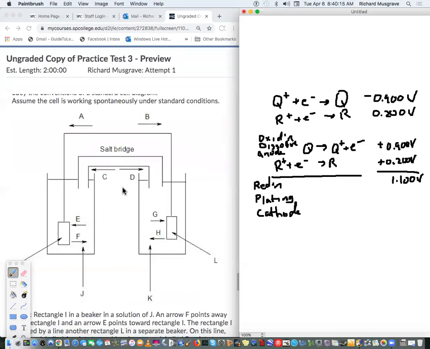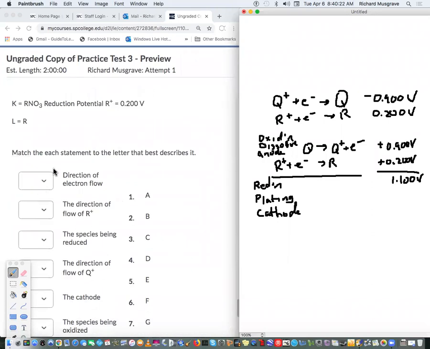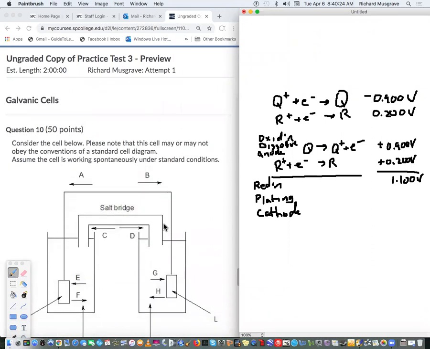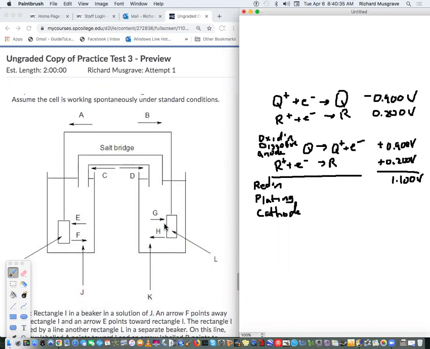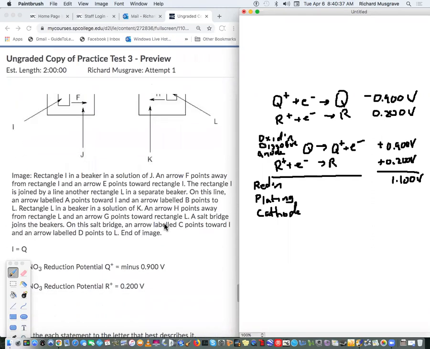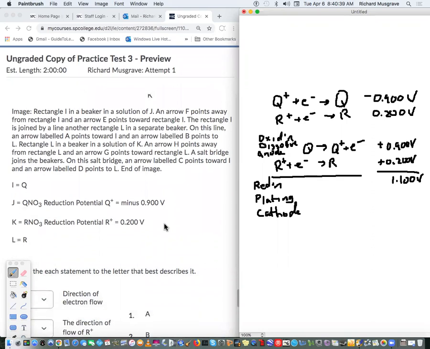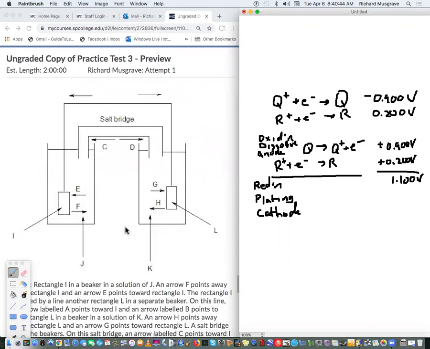So we're looking at the diagram here. The first one is direction of electron flow. The electrons, as you can see, are going to flow from the Q side over to the R side. The Q is giving up the electrons and the R is gaining them. Now, according to the diagram, I equals Q, J equals Q plus, K equals R plus, and L equals R. So it's Q on this side and R on the other side.